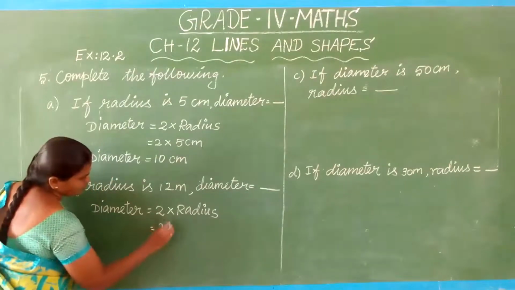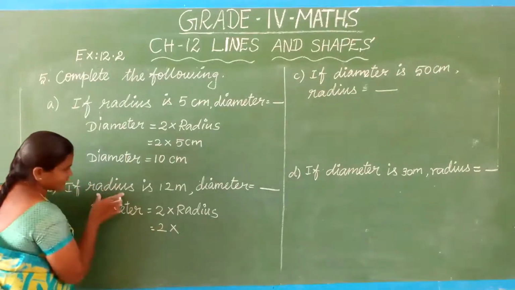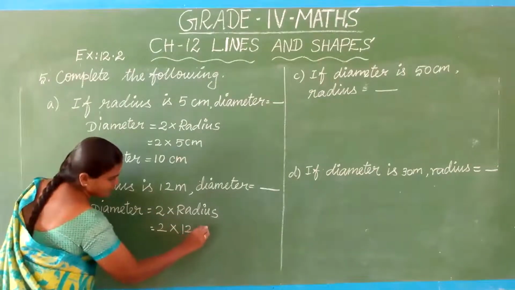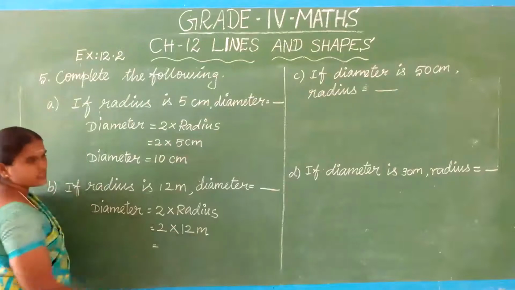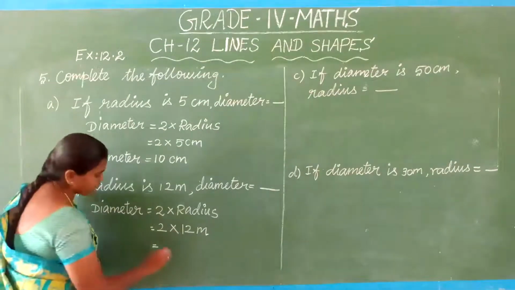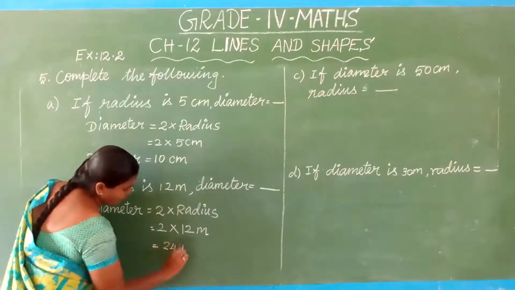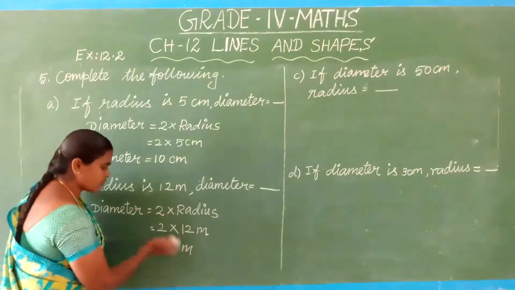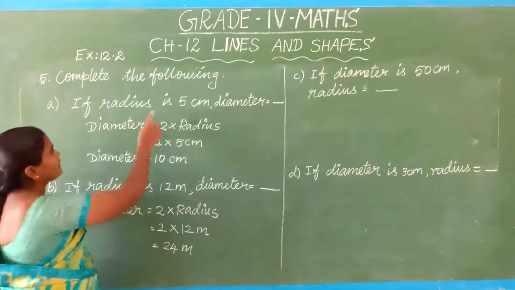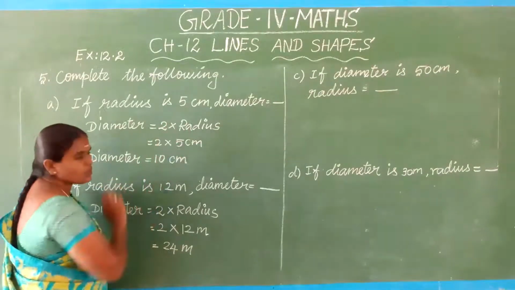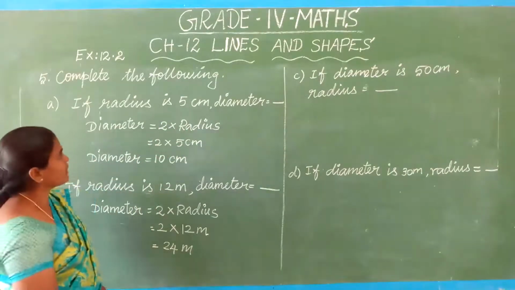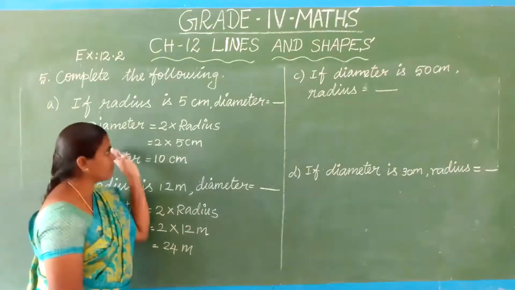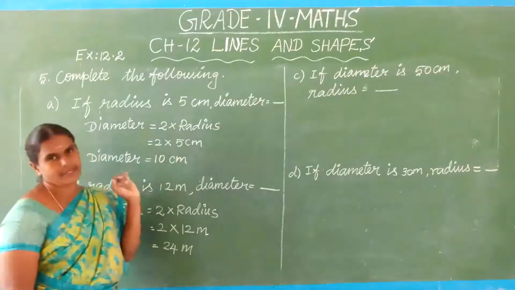What is the radius given? 12 meter. 2 12s are 24 meter. Here given radius in meter, so diameter also in meter only. If centimeter, then diameter also centimeter. So here given radius, find diameter, diameter equal to 2 into radius.